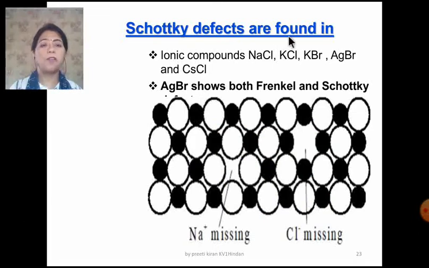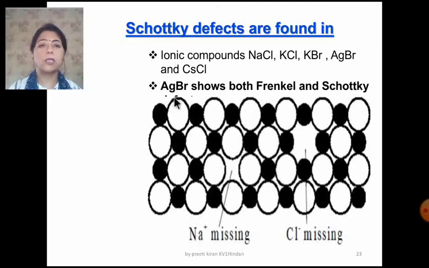Schottky defects are found in ionic compounds like NaCl. This is an alkali metal halide. Sodium chloride, potassium chloride, potassium bromide. And just see, here AgBr is also written. AgBr was also mentioned in the Frenkel defect. So now please remember this, that AgBr shows both the Frenkel defect and the Schottky defect.